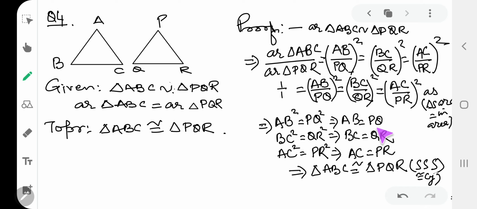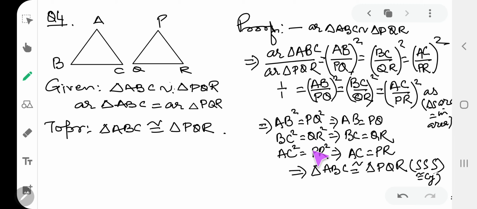taking square root both sides will give me AB is equal to PQ. Similarly, (BC by QR) whole square is also equal to 1 by 1. So BC square is equal to QR square. Taking square root both sides will give me BC is equal to QR. Similarly, AC square by PR square is also equal to 1 by 1.